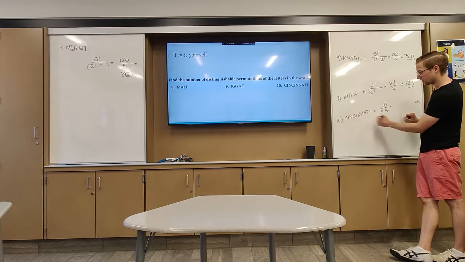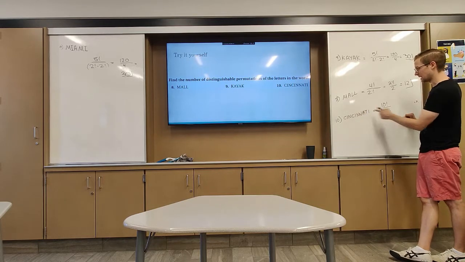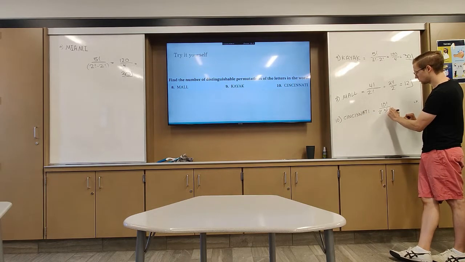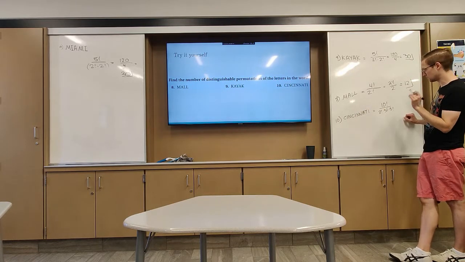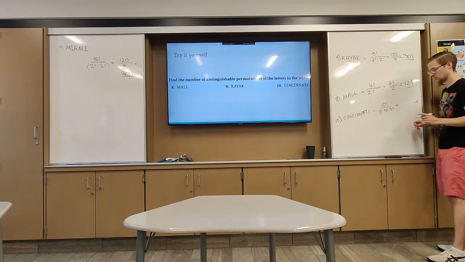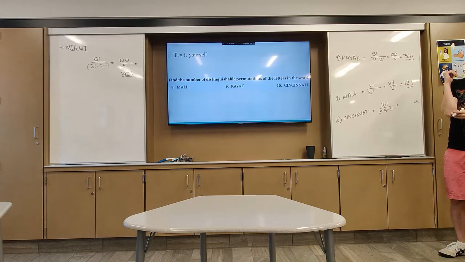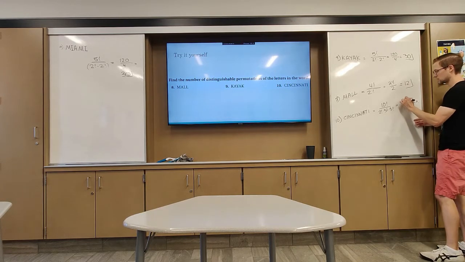So 2 is for the C's, and then 3 is for the I's, and then 3 again for the N's, and I think that's it. That's it. Yes. Then you multiply the factorials. The result of the factorials is 72. Then you divide 10 factorial by it, and it gives you 50,400.